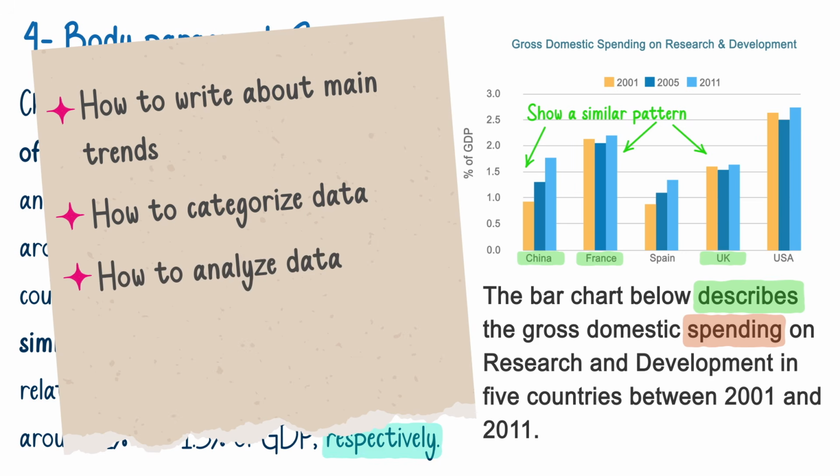So when there are, for example, 5 or 6 countries, and for each country there are, let's say, 4 or 5 data points, and it's a trend graph, you should write the beginning and ending of each country. Talk about the highest and the lowest. And also talk about the biggest change over a period of time, or the smallest change over a period of time. These are important data that have to be included in your report.